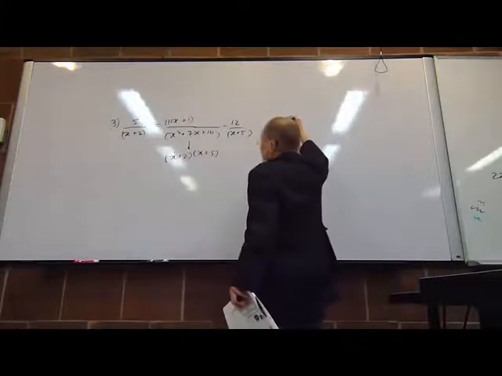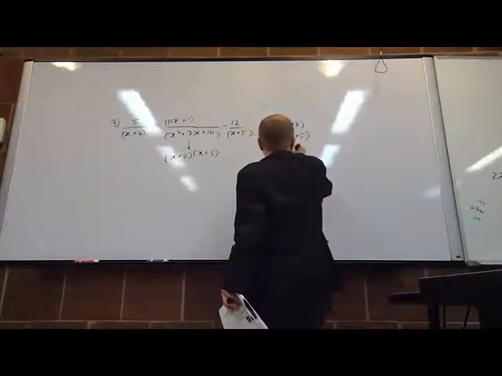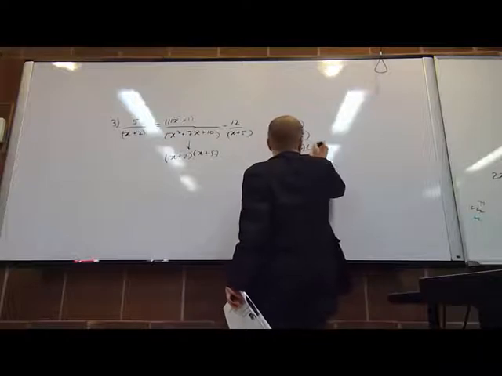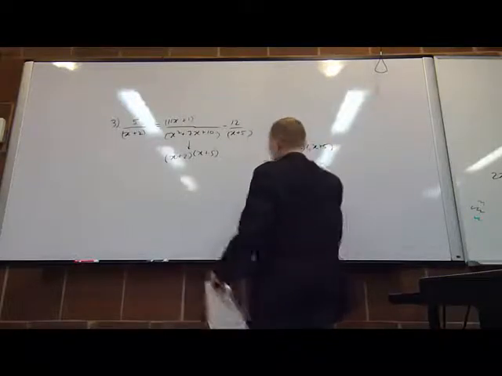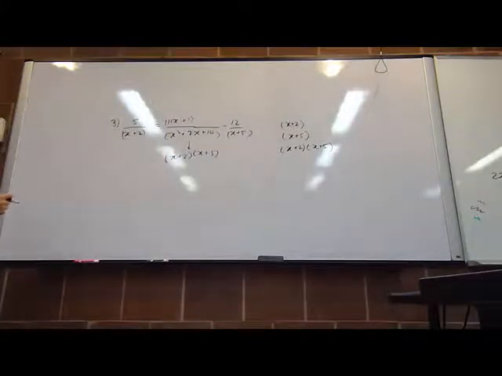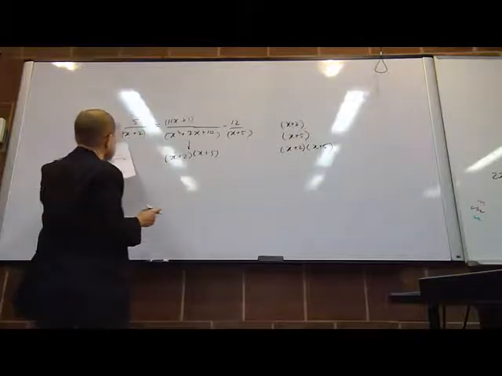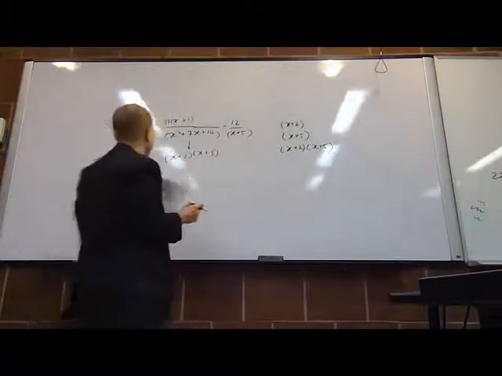And so now I'm going to list my denominators' factors. So I have x plus 2, I have x plus 5, I have x plus 2, I have x plus 5. So now I'm going to look at it, and I'm going to multiply it through by that.